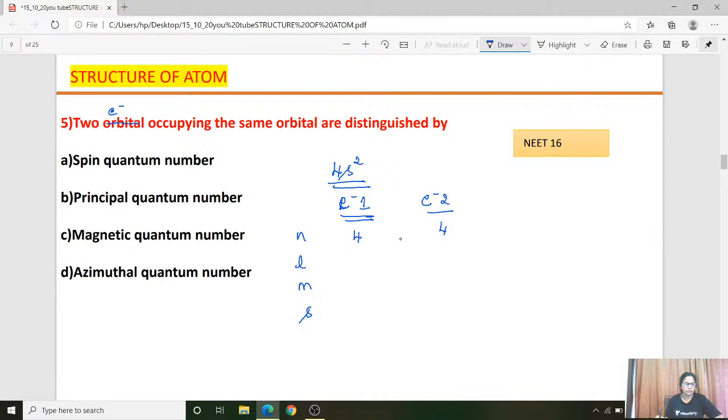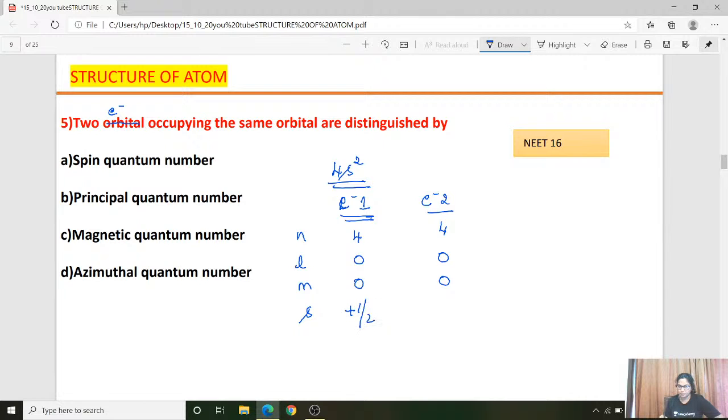You cannot find out the difference there. The azimuthal quantum number: if n is equal to 4, what will be the azimuthal quantum number? Since it is given 4s, l is equal to 0. When l is equal to 0, m is also equal to 0.